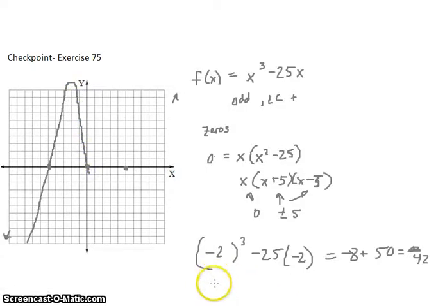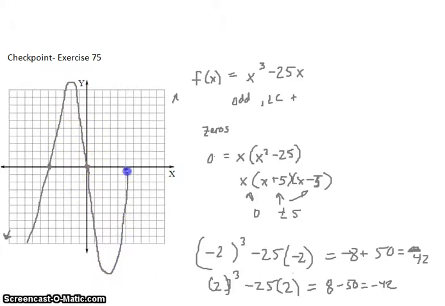And if I plug in a positive 2, what I'm left with is 8 minus 50. That's a negative 42. So that's got to come way back down, and then it's got to come back up through here and go back up that way.